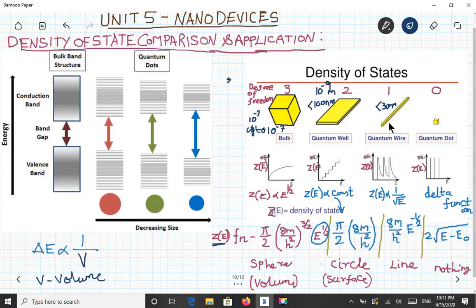In a quantum wire there will be only a certain number of atoms, only 50 to 60 atoms will be present. For example, 60 atoms. So here there will be 100 to 200 atoms.